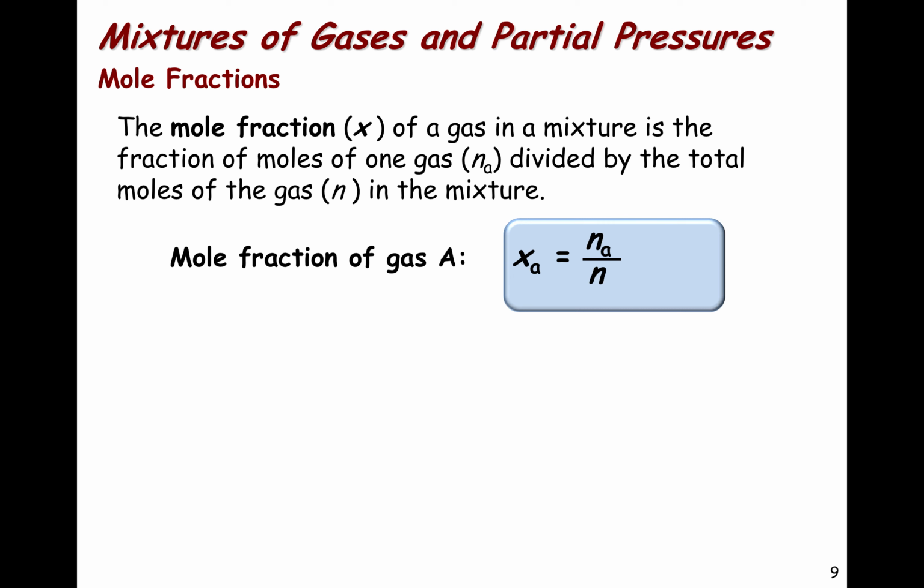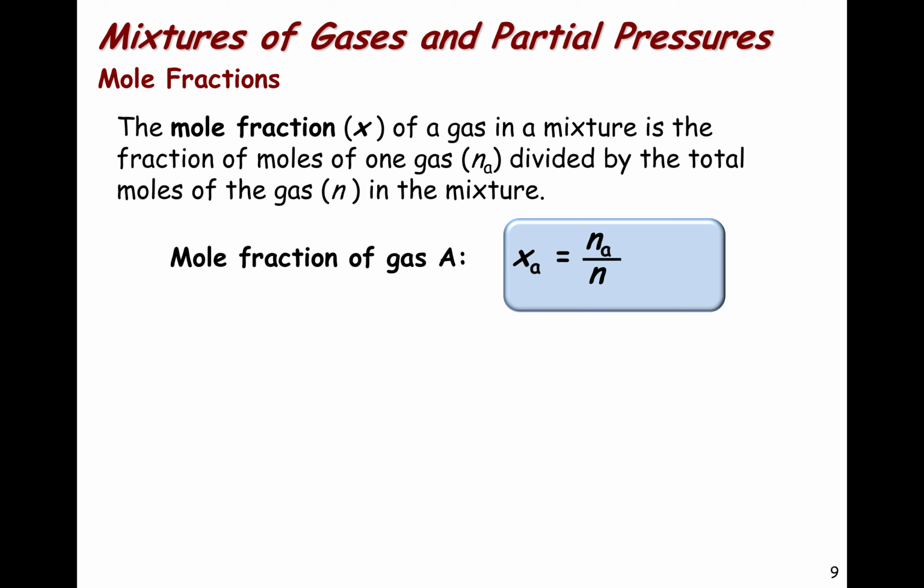At this point, we can discuss the concept of a mole fraction. Of course, a fraction is always a part divided by a whole, and in this case, the mole fraction is the number of moles of an individual gas that is present in a mixture divided by the total number of moles of gases in the mixture.